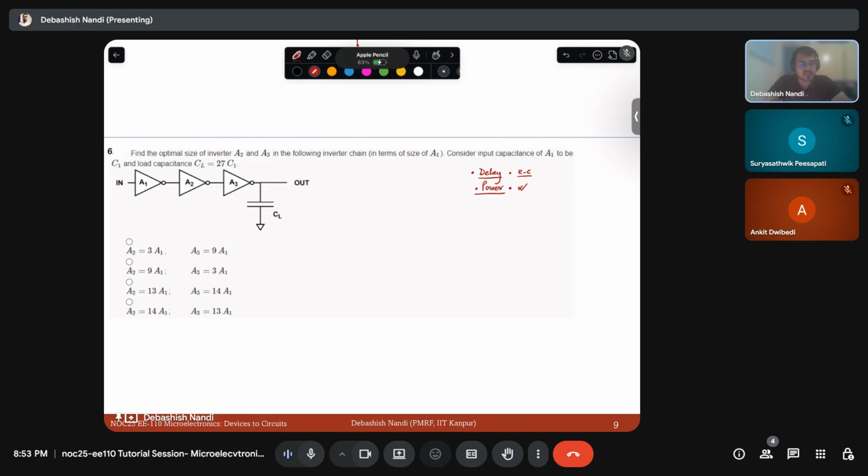What are the forms of energy known to you? What are the types of energy? Anyone? I believe both of you are from electrical or electronics background. Ankit, Surya, Satvik.